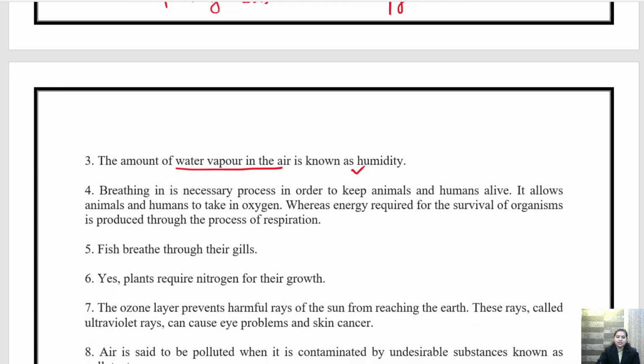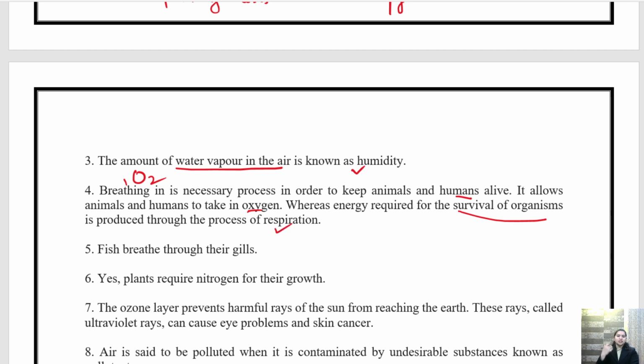Breathing in is a necessary process in order to keep animals and humans alive. What do we breathe in? We breathe in oxygen. It allows animals and humans to take in oxygen. Whereas the energy required for the survival of an organism is produced through the process of respiration.